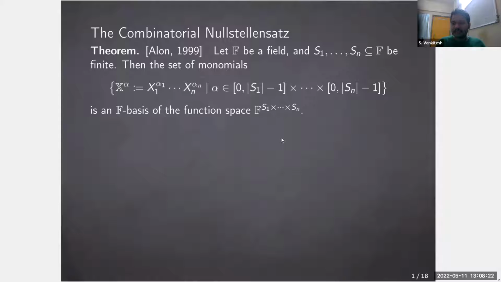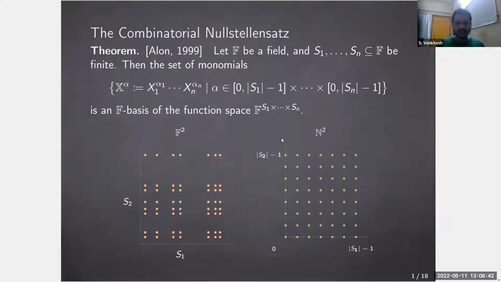This is simply a contrapositive of the statement which Alon writes in his paper. But I wish to write the statement this way because it gives a more linear algebraic intuition as to what the statement says, and extensions of this statement are easier to write in this form.